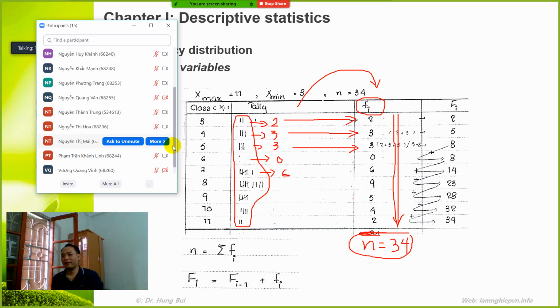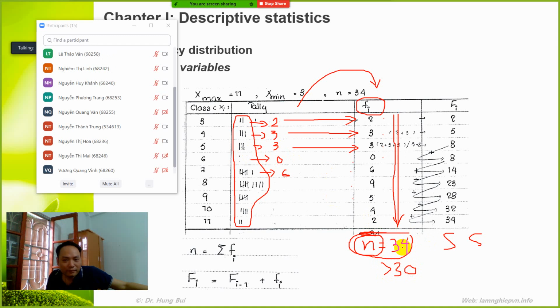Okay, so now you can see here, small n is sample size. And because sample size is greater than 30, in this case it's called a large sample. Okay, do you understand? Yes or no? Mạnh, Trang, Văn, Trung, Linh, Vinh. Do you understand?